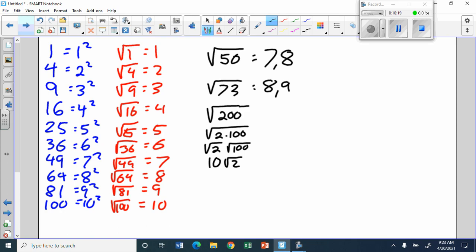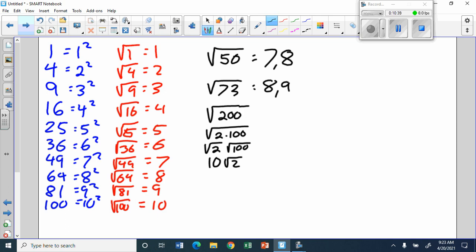What's the square root of 2 equal to? It's between what two numbers? 1 and 2. So does the square root of 200 become 10 times a number between 1 and 2?